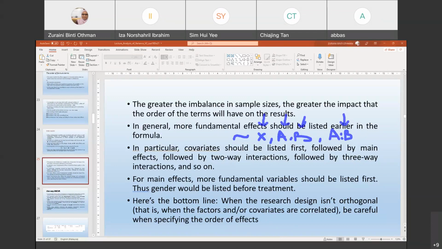Then what we want to predict is here. We get this significance result, which is the p-value of this.